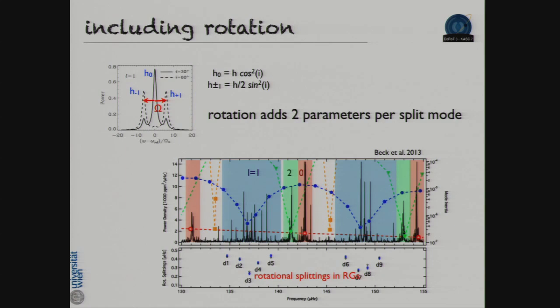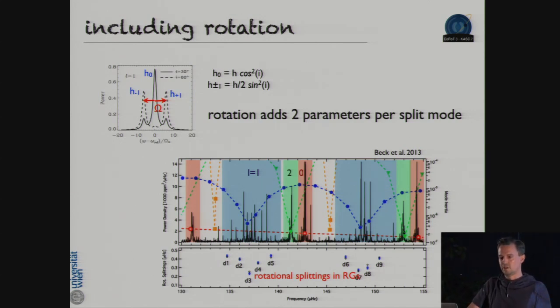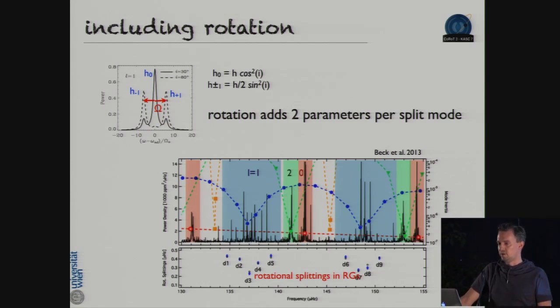We have already heard that stars rotate, and as a consequence, non-radial modes are split up into different components, which adds at least 2 additional parameters for each of the split modes. So here I show an example of a red giant where we had to fit quite a number of dipole modes to get the individual rotational splittings and also the inclination angle.